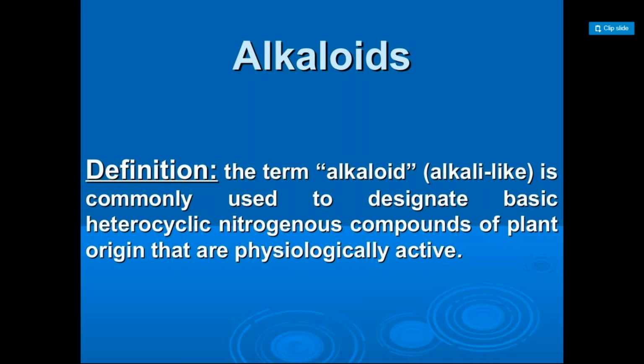Anything with good smell has what? Something which has good smell has which type of metabolite? Does it have alkaloid? Flavonoid. Flavonoid is anything with color, orange, brown, anything with color.